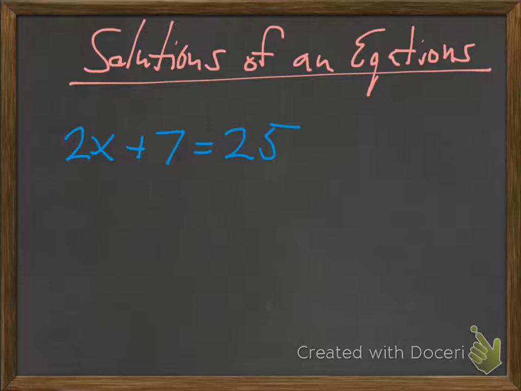So what we're going to learn to do is solve equations to find what value for this x makes it true. The way we do this is we work backwards, and we're going to spend a lot of time this chapter working on this, so this is kind of an introduction. If I know that 2x plus 7 equals 25, if I want to work backwards in my head, let's take away 7 on both sides.